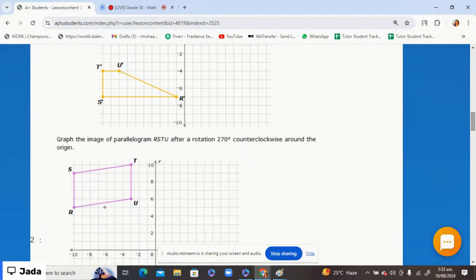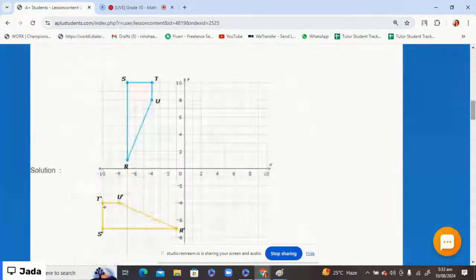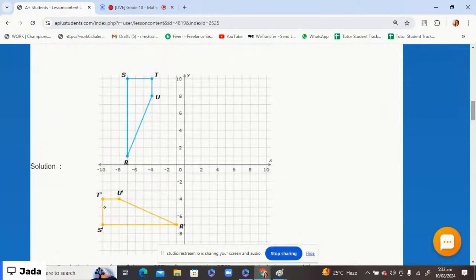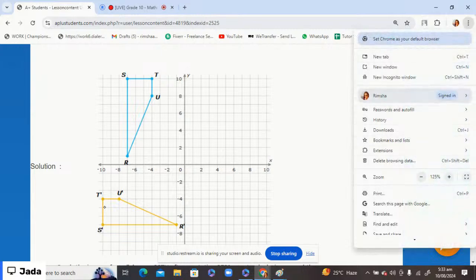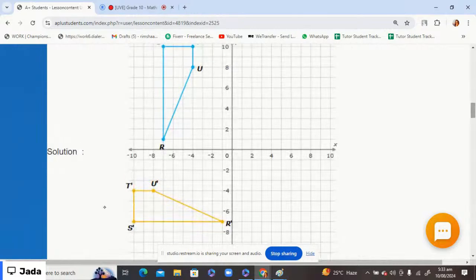So then, hope you guys understand. Let's discuss the third point, which is R. So where is R here? Look at the R point. This is -5 and 1. But when you change it, the R becomes -1.